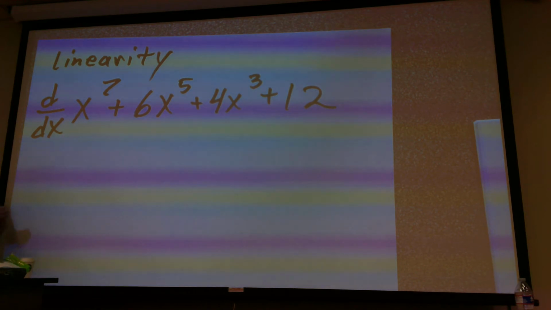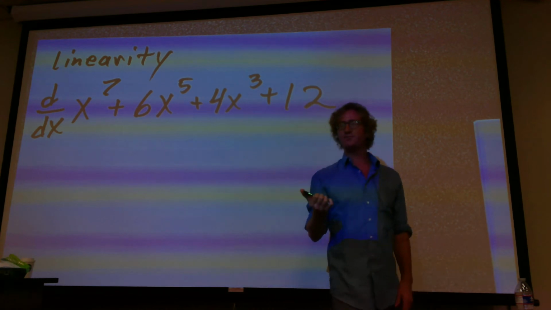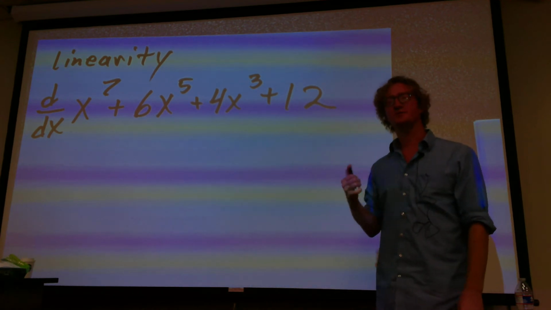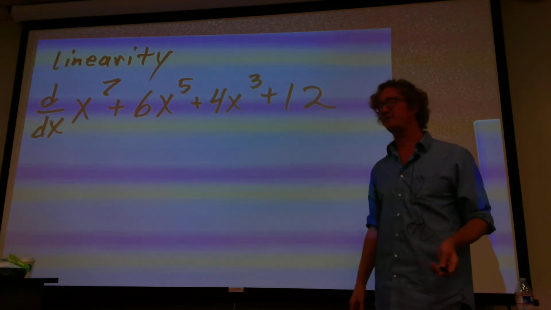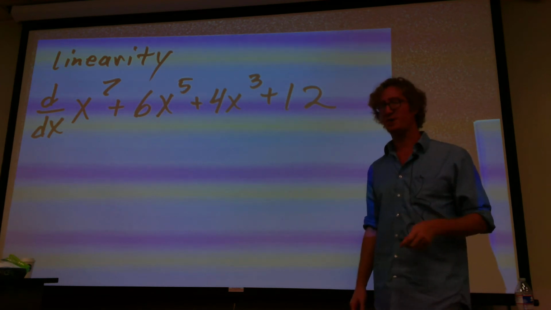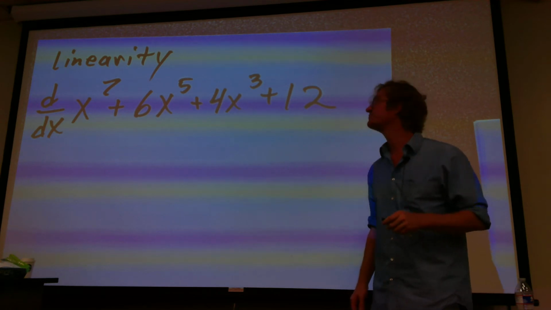Now what I mean by linearity is that if you have things added or subtracted together, you can do those derivatives each individually. If things are multiplied together, or divided, I mean, if it's a fraction with a function on top and bottom, we'll get into that in the next video when we talk about the product and the quotient rule.